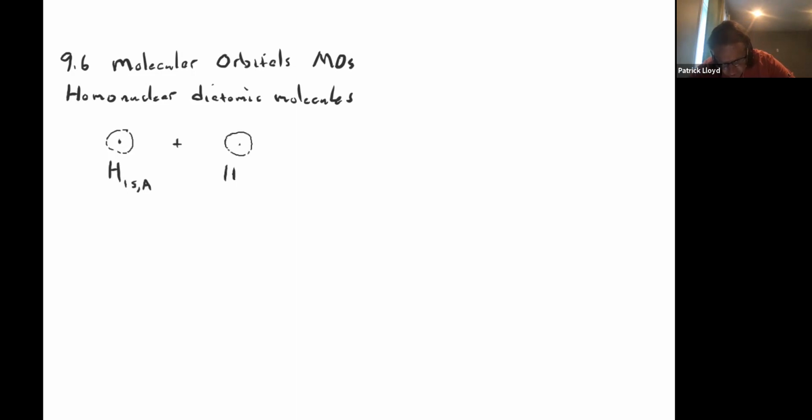I'll call this atom B. So H1s, meaning that's the 1s orbital for the hydrogen, and then it's atom A, and this is atom B. So that's the notation I'm using here.